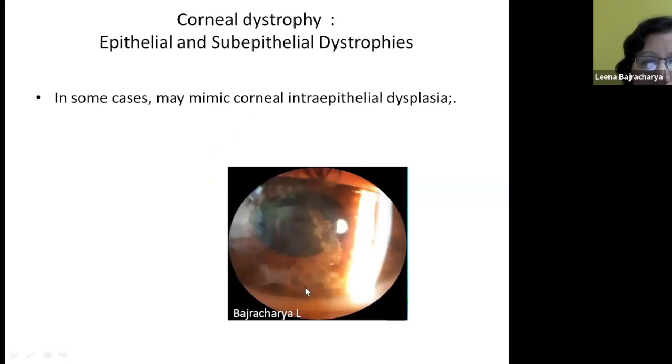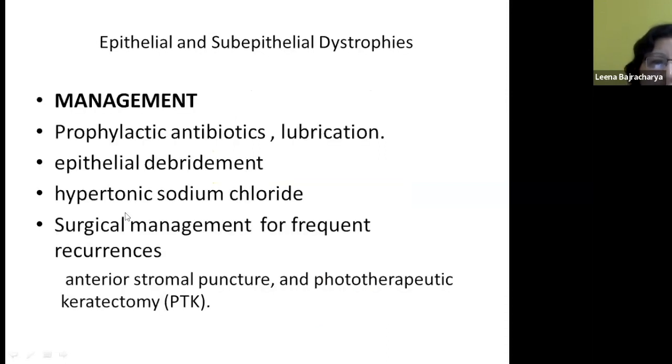This is the corneal lesion, which is mimicking map-dot changes of the epithelial basement membrane dystrophy. In suspicious cases, we have to send for the histopathological examination. So management is antibiotics, lubrication, epithelial debridement, hypertonic sodium chloride, and for recurrences, we can do anterior stromal puncture, phototherapeutic keratectomy.